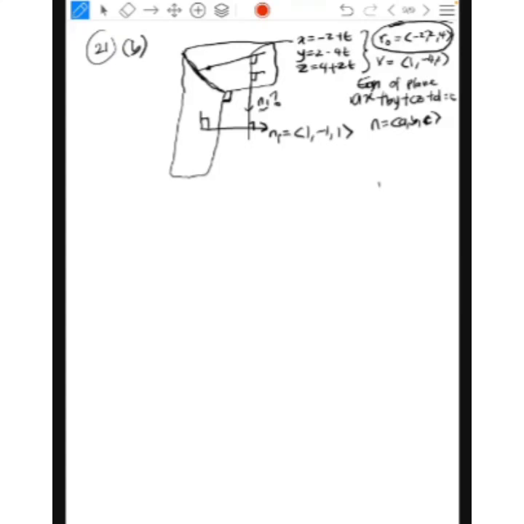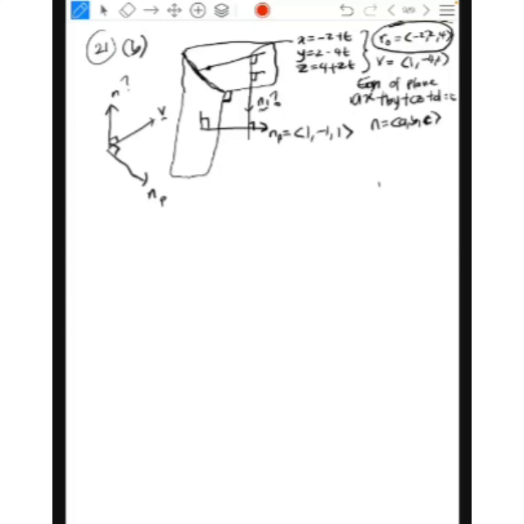Now, let's say we want to find this 90 degrees. Okay, so this is the NP, and then this is the V. We want to find this one. How to find that one? Cross product. This is an example like before.